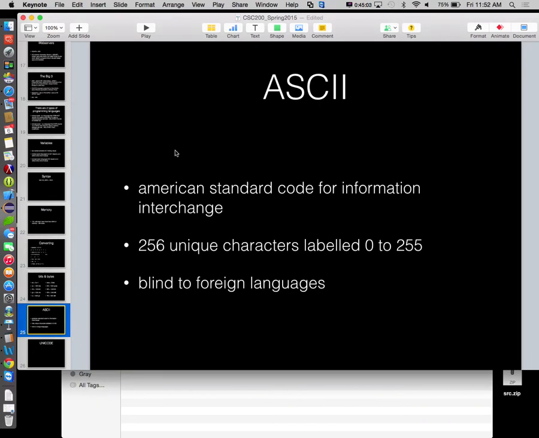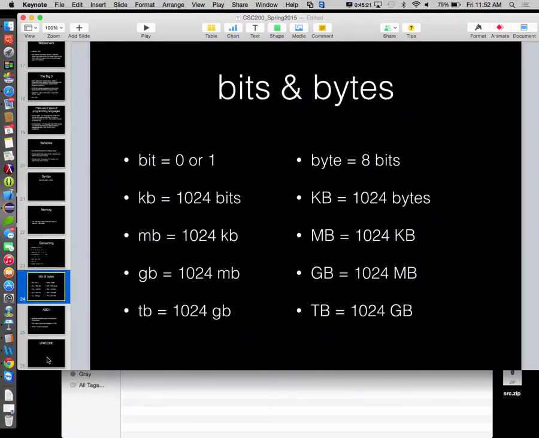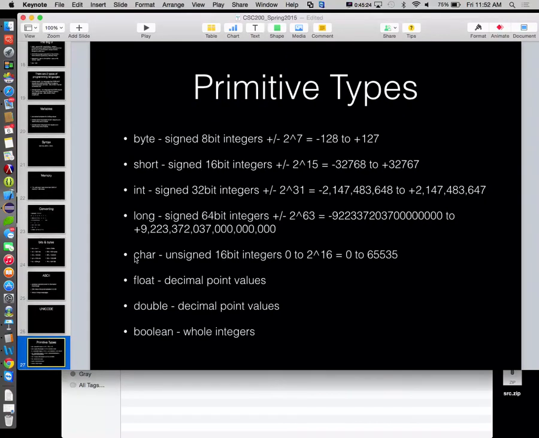So Unicode, actually, just jump back here. ASCII is represented as an unsigned byte, 0 to 255, as opposed to a signed byte, which is -128 to +127. So if chars were only needed to hold ASCII, they would be an unsigned byte, as opposed to what I've advertised here as an unsigned 16-bit integer, which is an unsigned short by our definition.